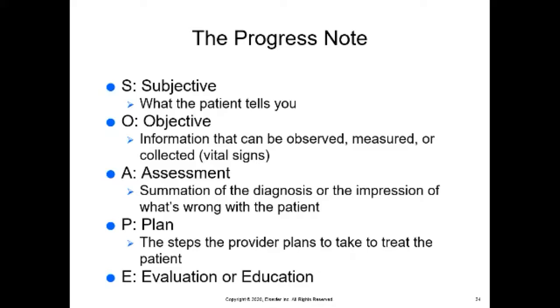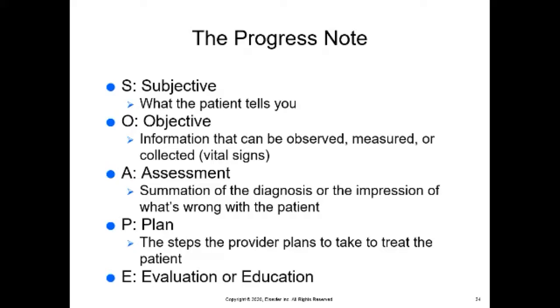So let's see, S stands for subjective, and that's what the patient tells you. The O stands for objective, information that can be observed, measured, or collected. An example is vital signs. Assessment is a summation of the diagnosis or the impression of what's wrong with the patient.